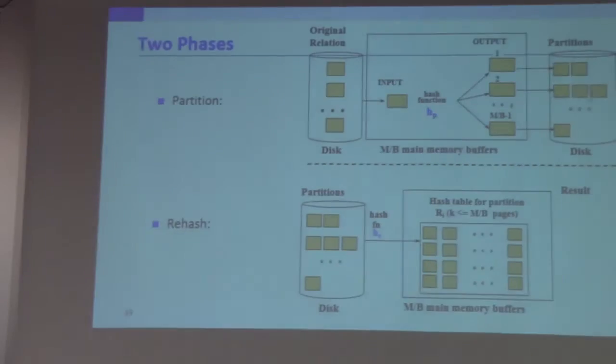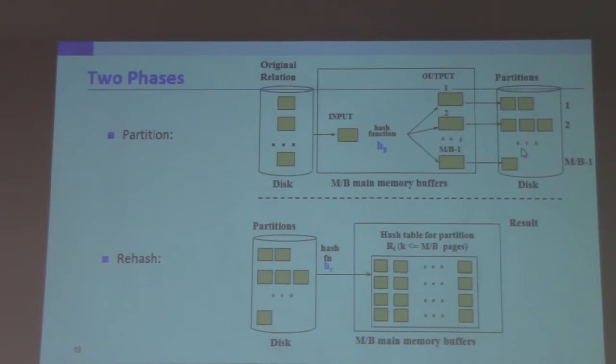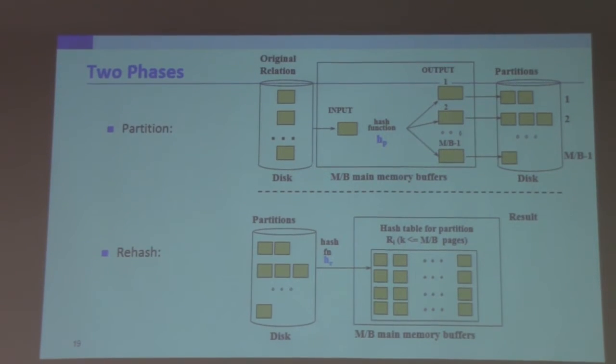If inside a partition, we have many elements from the same group, and the objective is to do aggregate over them, there's no need for you to dump them to disk and load them back.